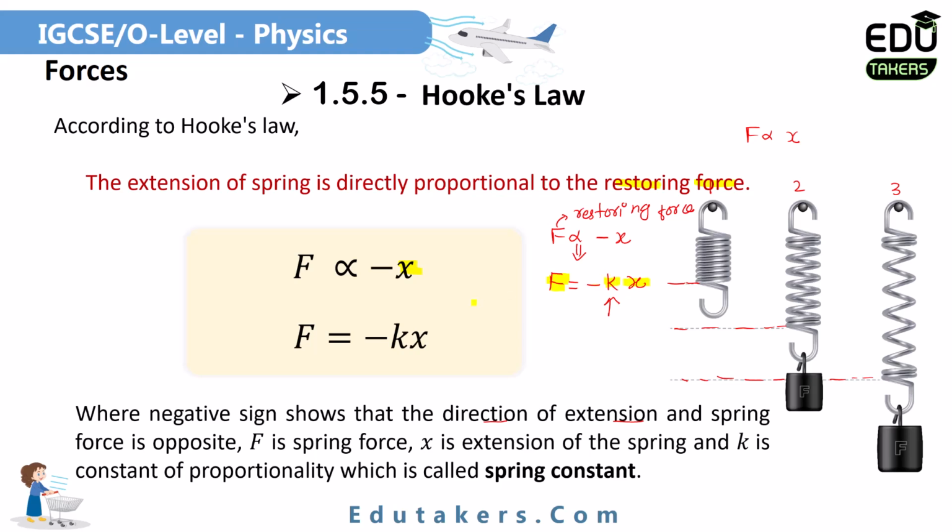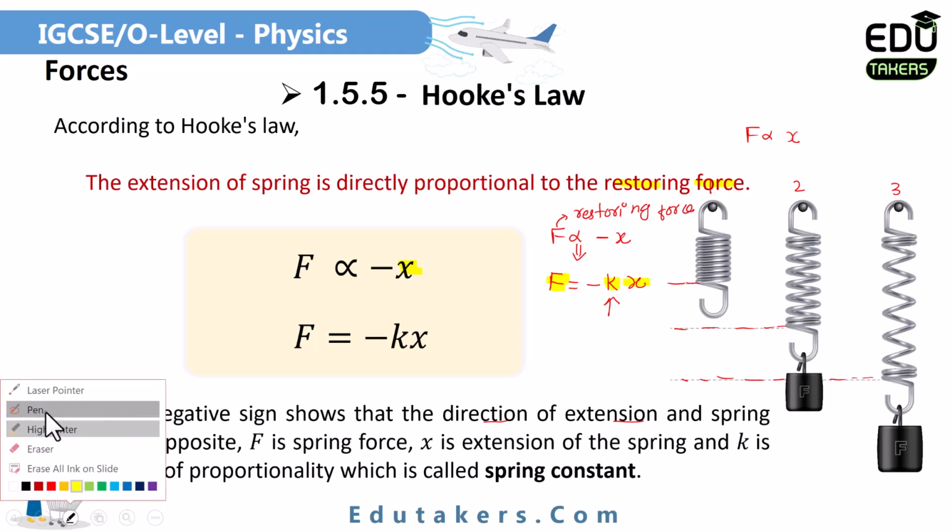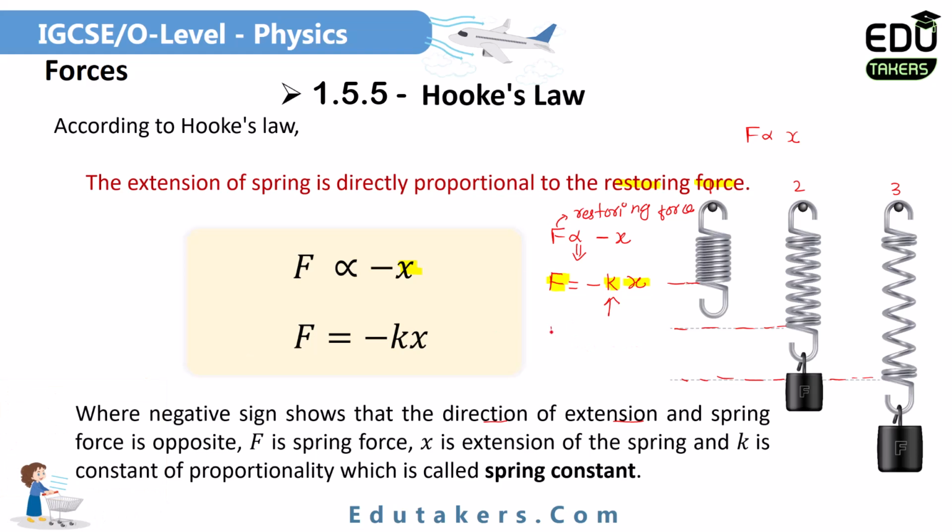What would be the unit of k, the spring constant? Just rearrange this equation and accordingly you can find the spring constant's unit. I write here k is equal to minus F over x. The force is measured in Newton and the extension is measured in meters. So Newton per meter is the unit of the spring constant.